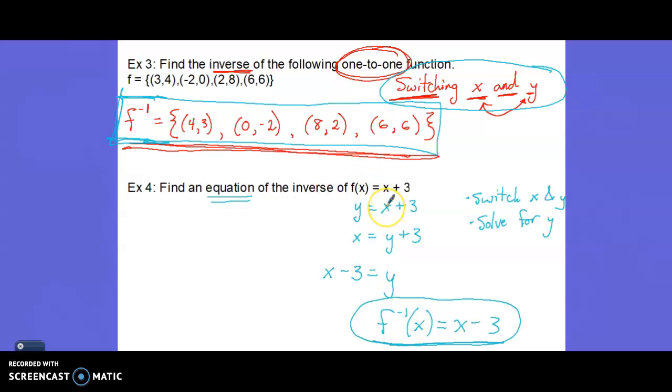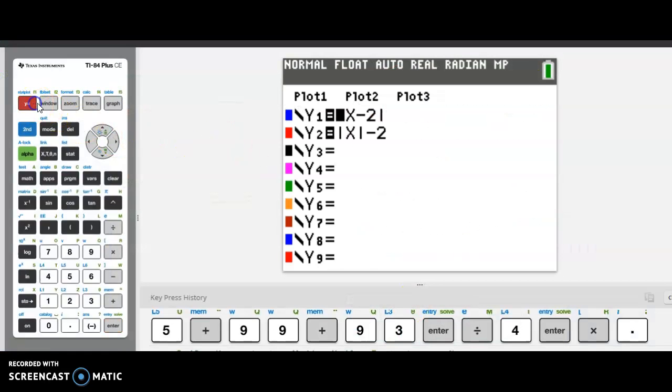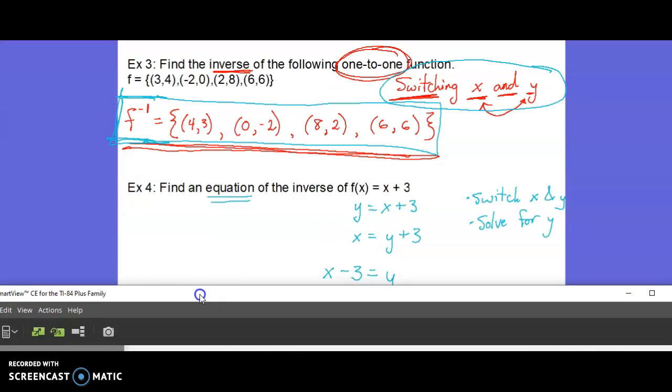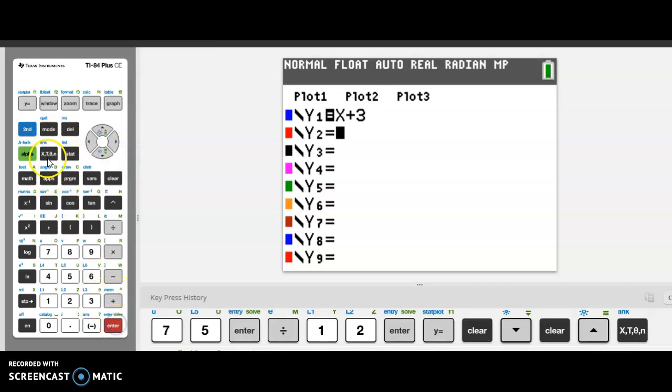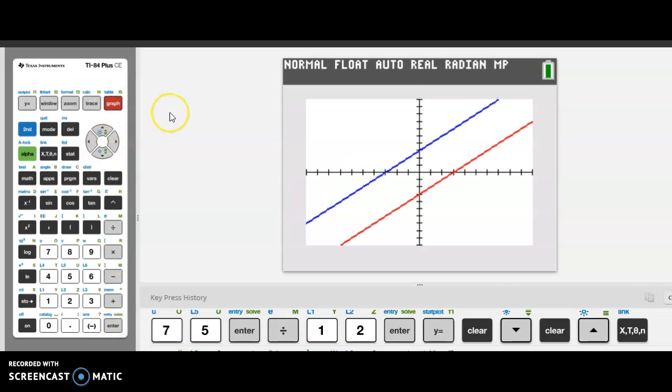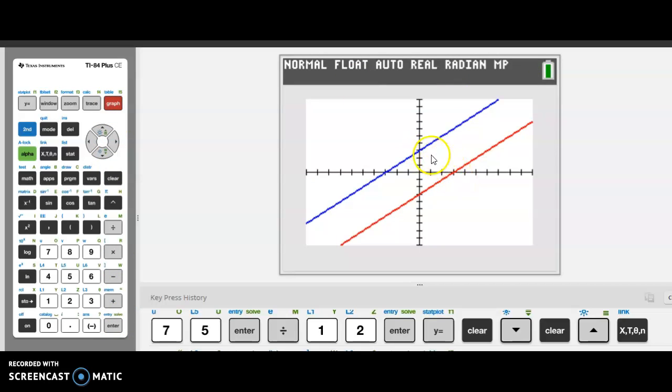All right. And just one more thing, it's kind of tough to show you on a graphing calculator, but I'm going to try my best. If I go to y equals and type these two equations in, what do we have? x plus 3 and x minus 3. And I look at the graph. What you'll notice is that the ordered pairs are switching around.